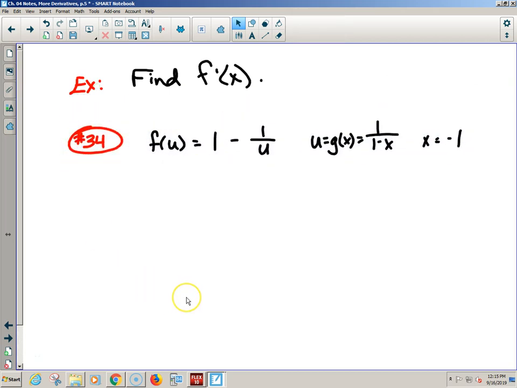Somewhat simulating the nasty stuff that an AP can give you in the weird way you can write it. So if they tell you f of u is equal to 1 minus 1 over u, is equal to g of x, which is 1 over 1 minus x, and x is equal to negative 1. How do I find f prime of x? So you mean plug in everything.